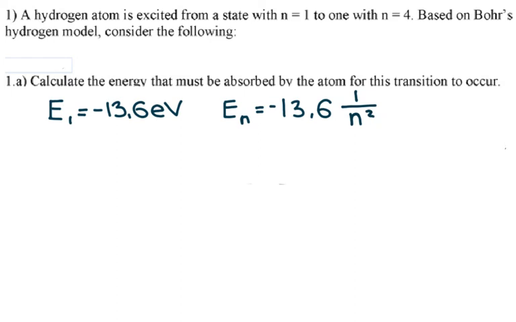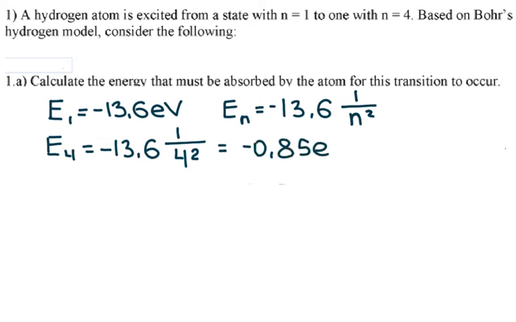So for the 4th level, I have negative 13.6 times 1 over 4 squared.